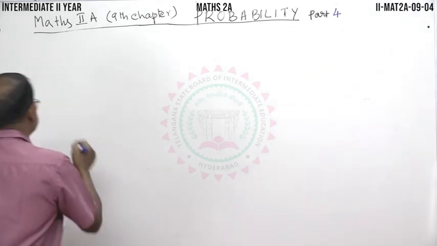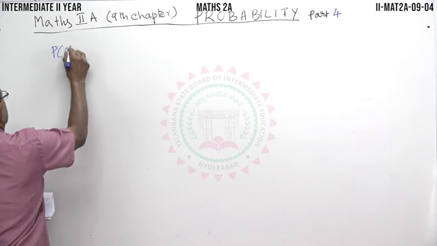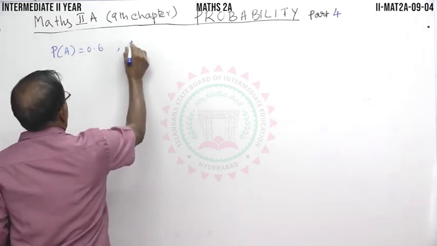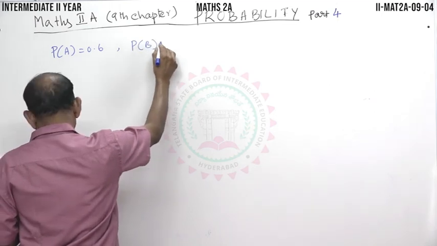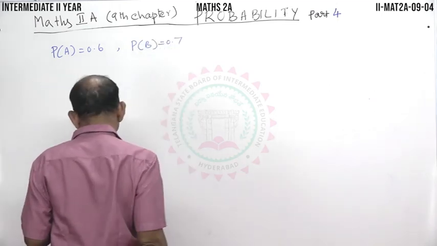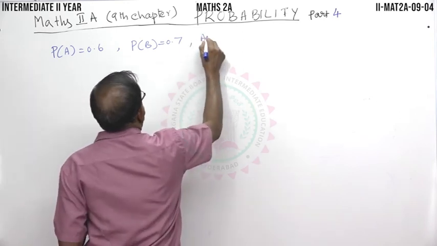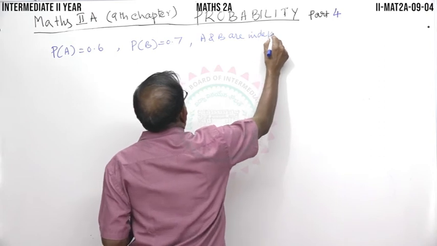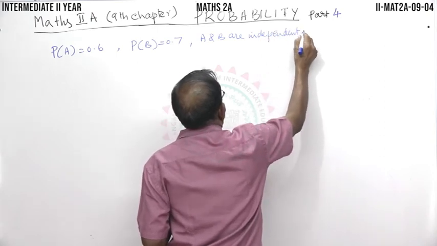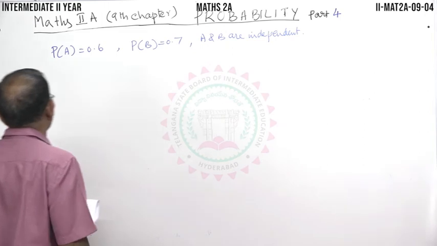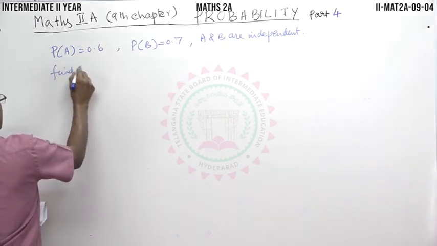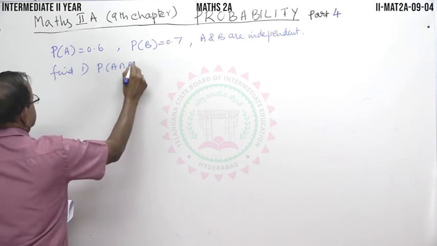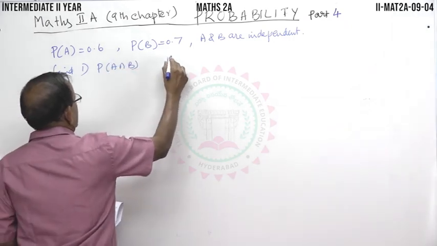P of A is equal to 0.6. P of B is 0.7. A and B are independent. Find: 1. P of A intersection B. 2.